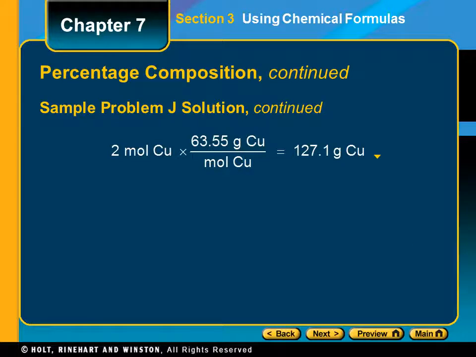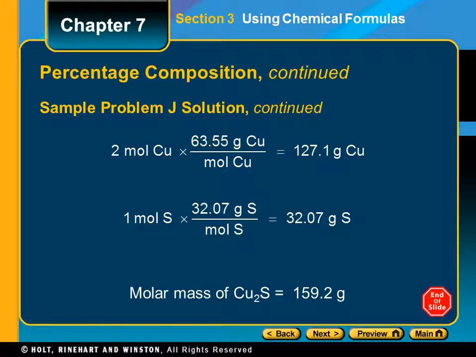Well, first 2 moles of copper, you get 127.1 grams of copper. 1 mole of sulfur, you get 32.07 grams of sulfur. Your molar mass, when you put everything together, molar mass of the whole compound is 159.2 grams.